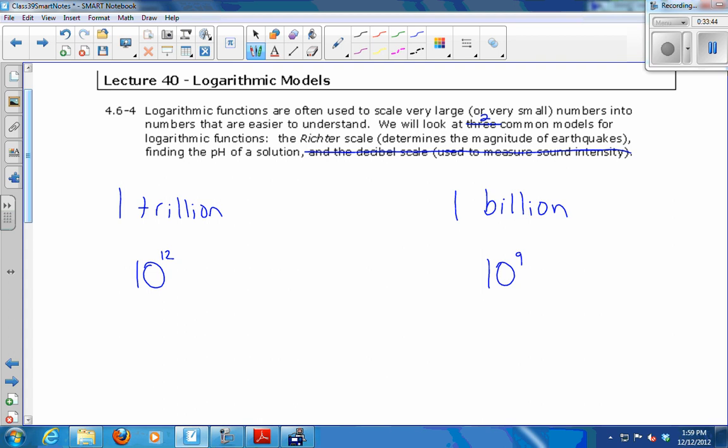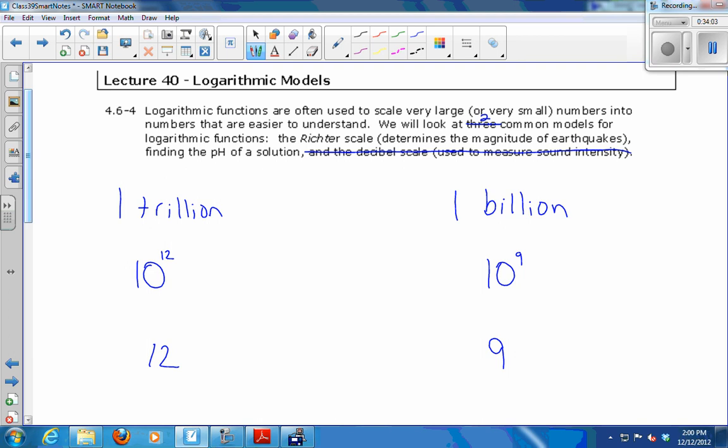So it would be much easier to just think about the number 12 and the number 9, right? This just brings it down to numbers that are nicer, easier to hold. 12 and 9, much nicer, easier to compare than a trillion and a billion.